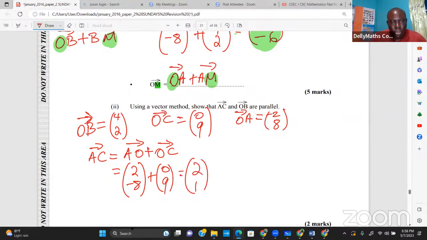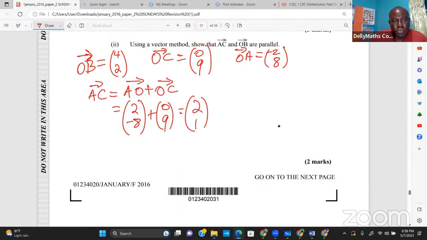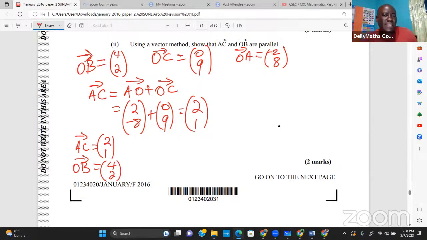Now let's write them down and take a good look. AC is equal to 2, 1. OB is equal to 4, 2. They say use a vector method to show that AC and OB are parallel.